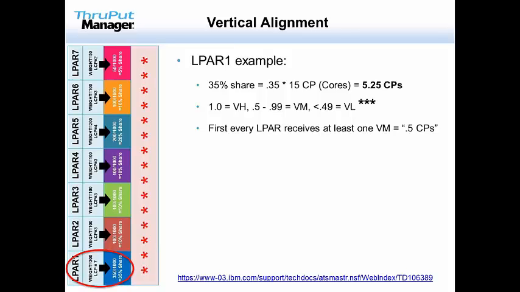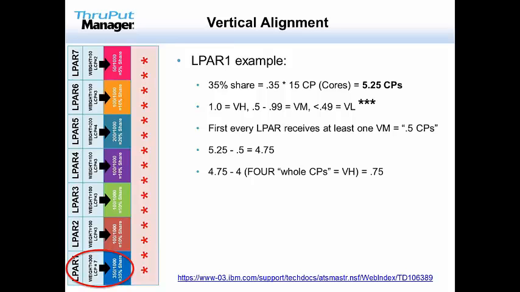Well, the first rule is that every LPAR receives at least one vertical medium, and this will cost you 0.5 CPs out of our 5.25 total allocation. So I take my 5.25, I subtract 0.5. I've got one vertical medium allocated so far, and I've got 4.75 left. Now that 4.75, I can see, well, I've got 4 whole CPs in that, so I'm going to get 4 vertical highs out of that, and I've got 0.75 left.